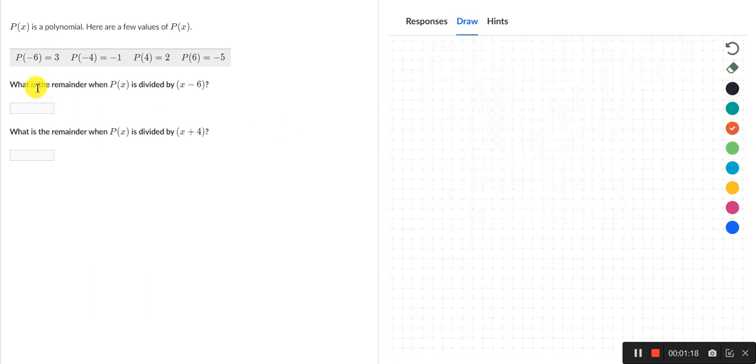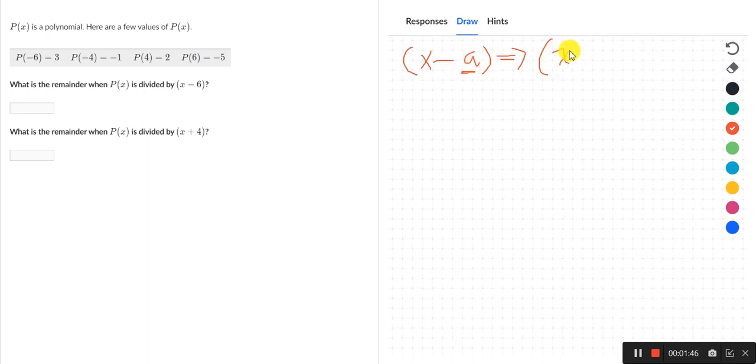So in this problem, we have: what is the remainder when p of x is divided by x minus 6? Just remember our format, x minus a. If a is a negative number, it is written like this.